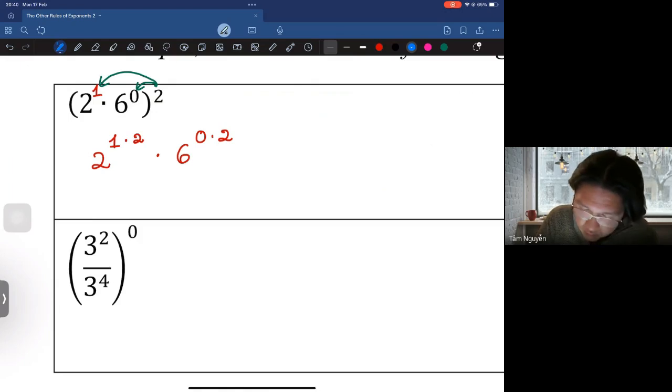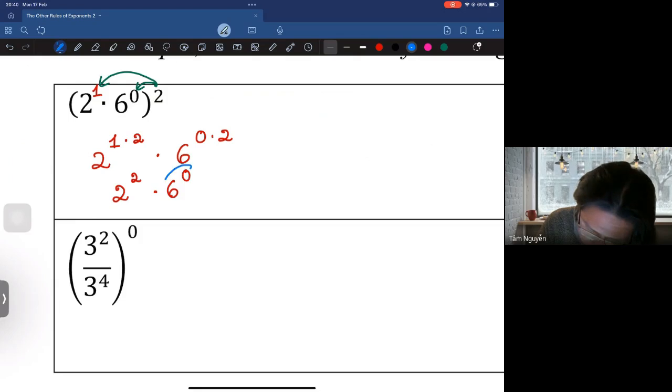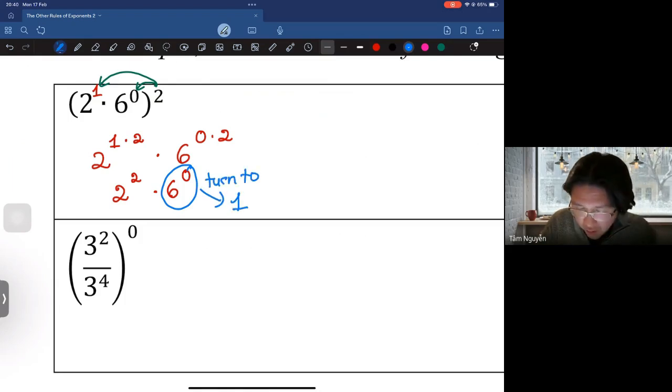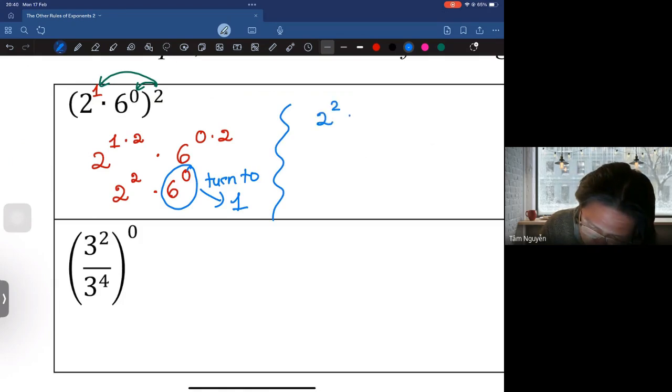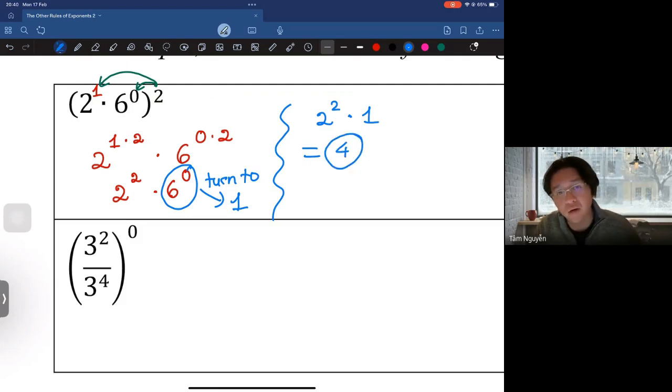And of course, you have to simplify it, right? Now, this will give you 2 squared times 6 to the power of 0. But we just said that this one will turn to 1. So our final answer is going to be 2 squared times 1, or simply 4.